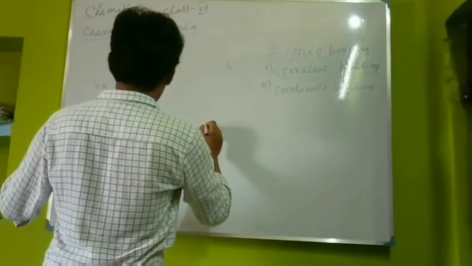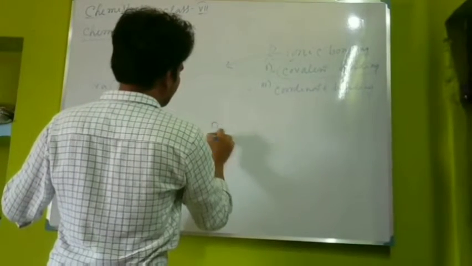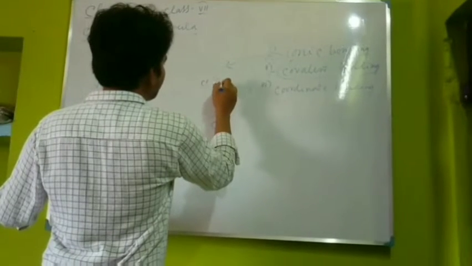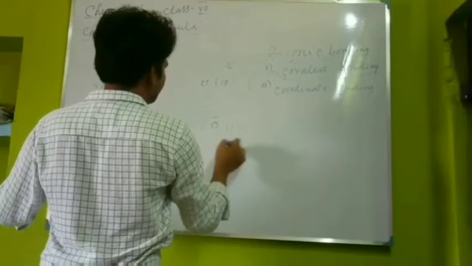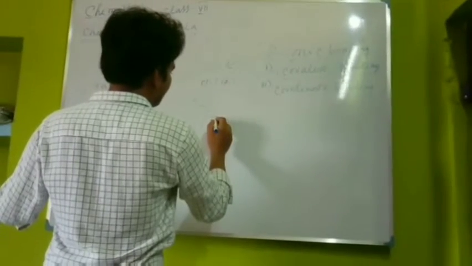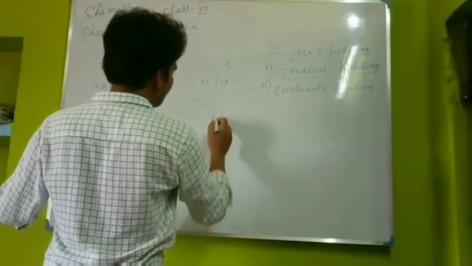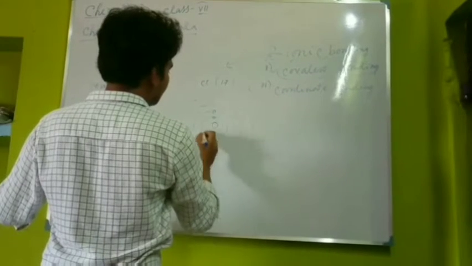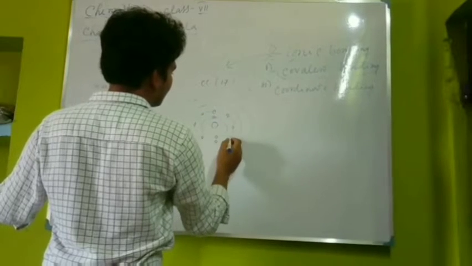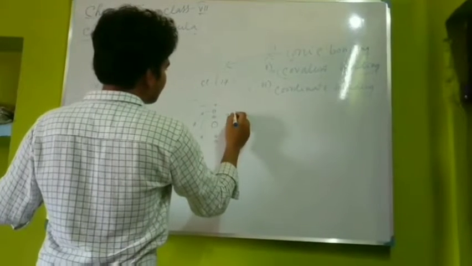Now for chlorine, the atomic number is 17, Cl. So at first 2, then 8, then 7.